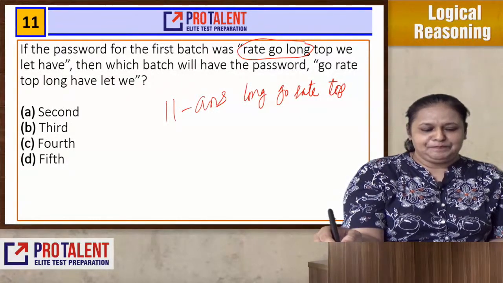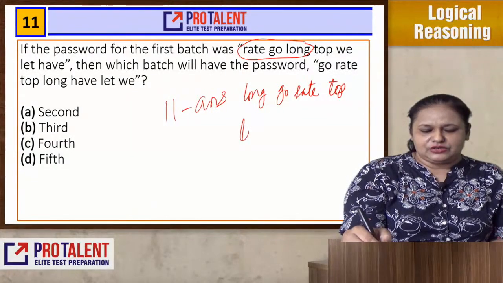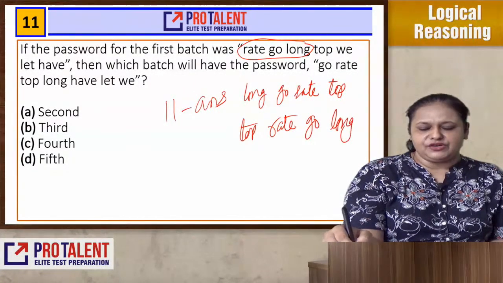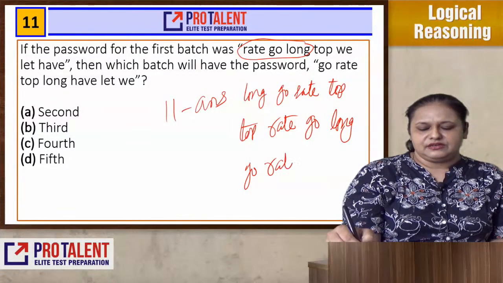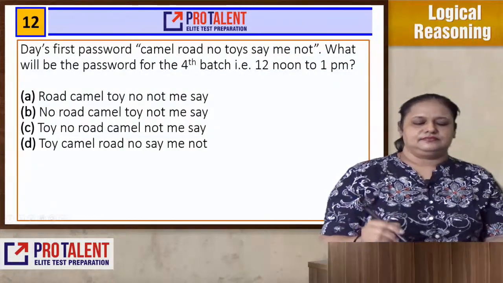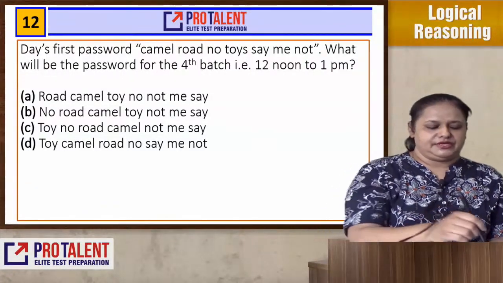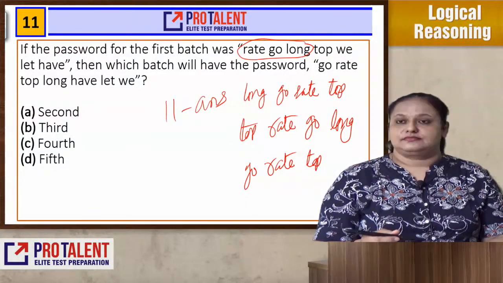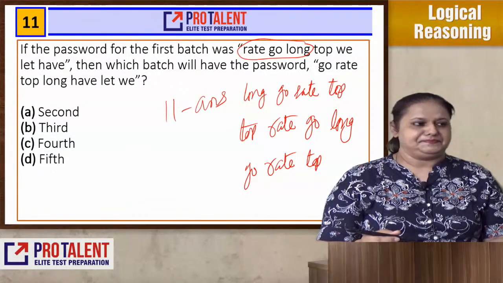From second to third I will be getting top, rate, go, long, and now I have to reverse just 3. So it would be go, rate, top. Okay, fine. So this is what is there for the question.